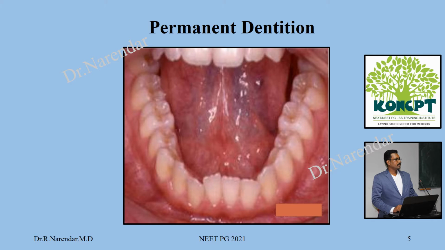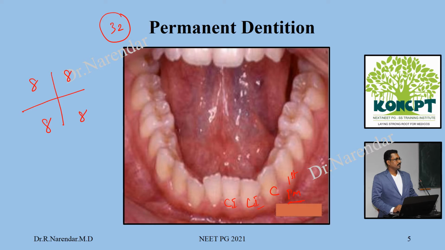Coming to permanent dentition, it has 32 teeth totally, 8 in each quadrant. Coming to the medialmost part, this is the central incisor, lateral incisor, canine, first premolar.